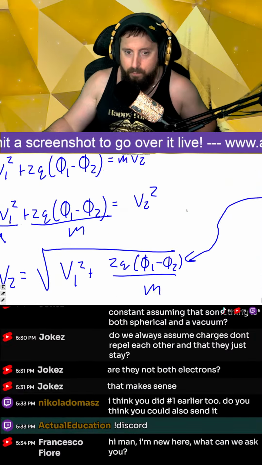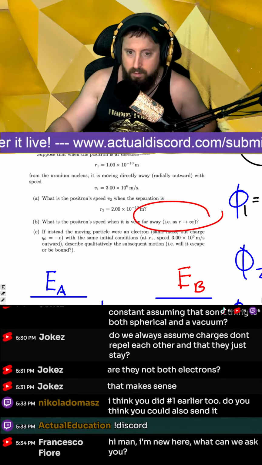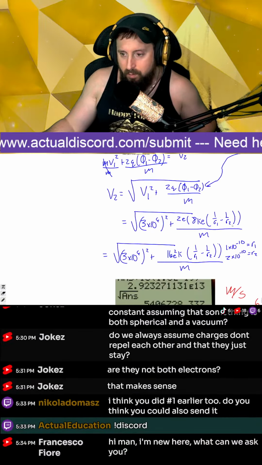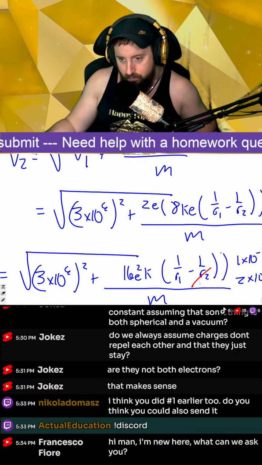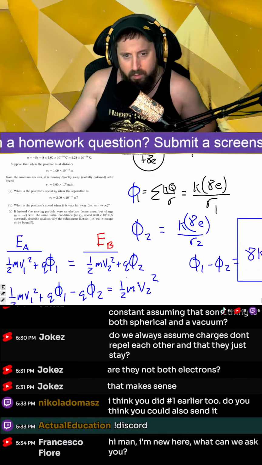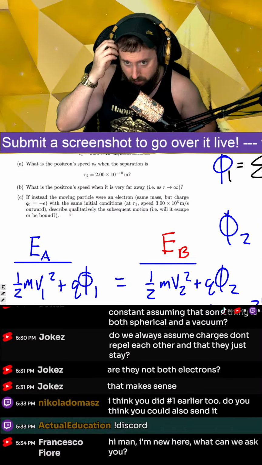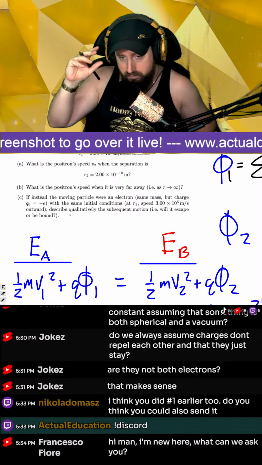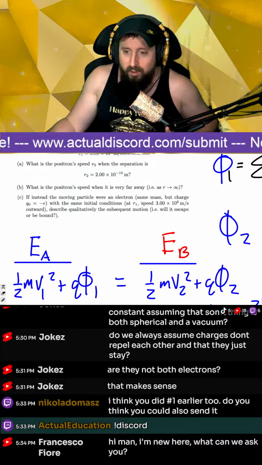So for part B on this one, if R2 goes to infinity, 1 over infinity is 0, and so you just ignore this term. And then what was the other question here? It says, if instead of moving was an electron with the same initial conditions, describe qualitatively the subsequent motion. Will it escape or be bound?